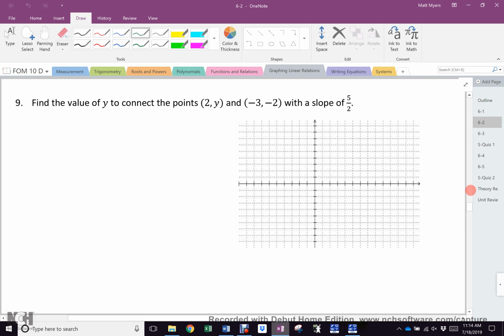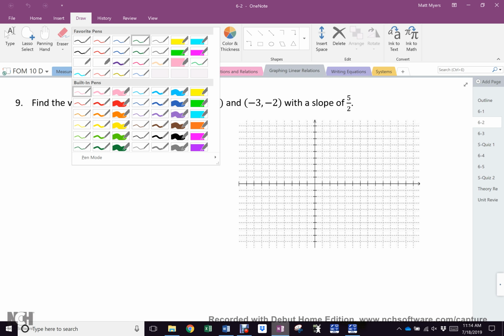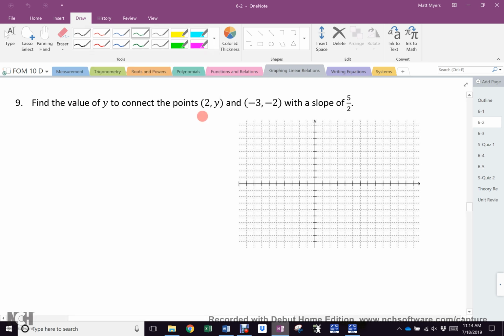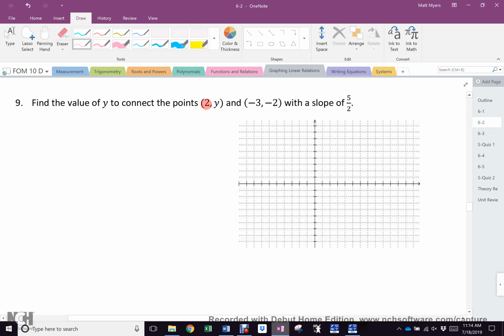We're going to do this one together. What should I make this guy? x1 or x2? You want to make this guy x1? So that means this guy is what? y1.